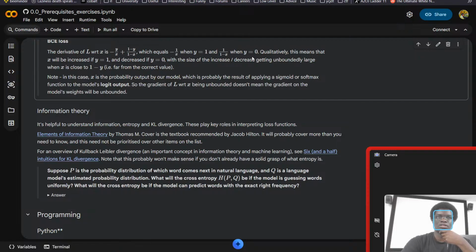A function that fits this criteria is -1 times log p, because when p equals 1, then log p is 0, and minus log p is therefore also 0, so surprisal is 0.